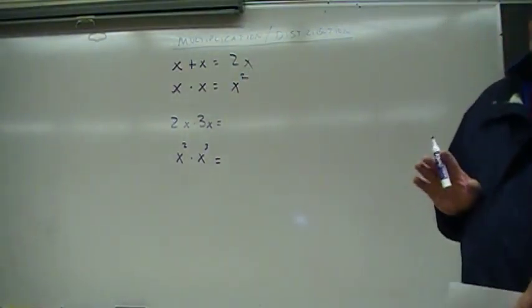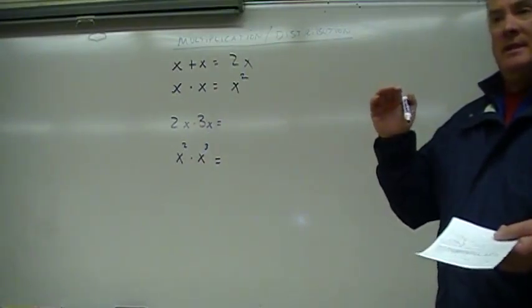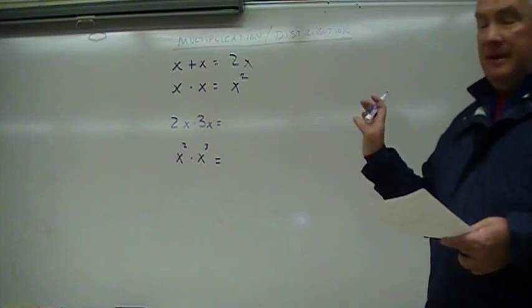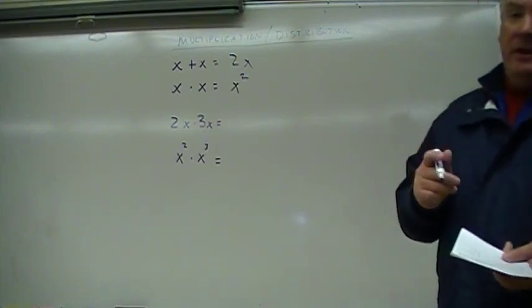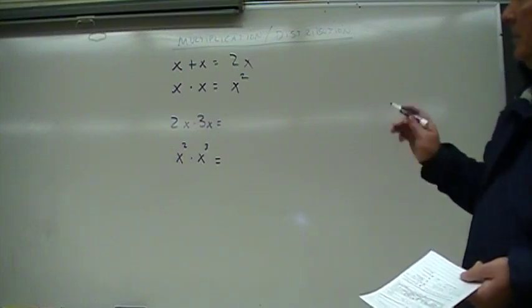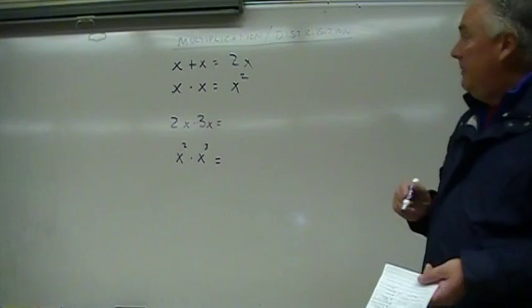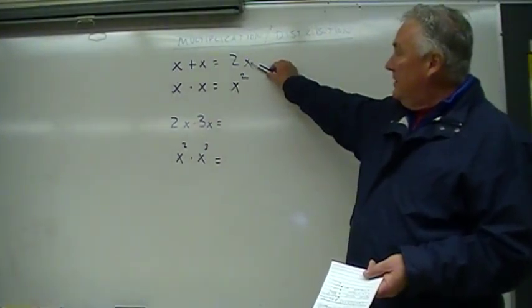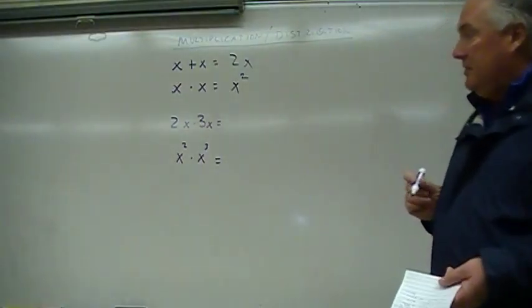And to go back to something that I didn't say at the beginning, I'm not giving you guided notes. I want you to take these notes down in the area that you've got on your paper. Just free notes. I need you to start working on those. So x plus x gives us 2x, but when we multiply x times x, we get x squared.